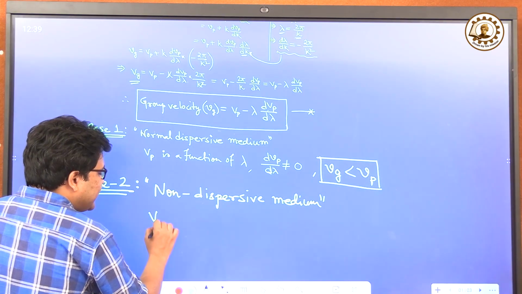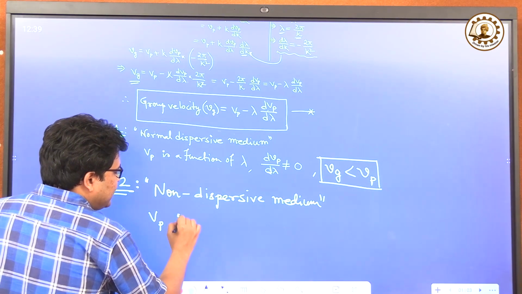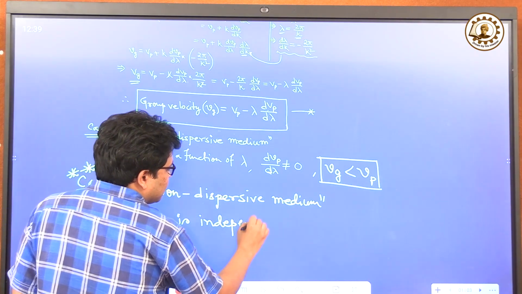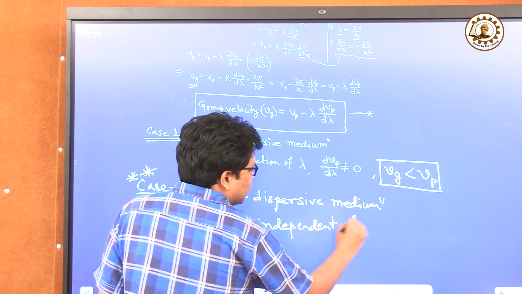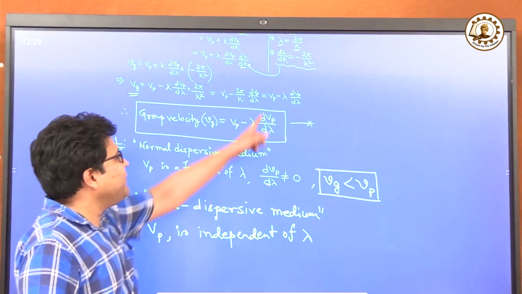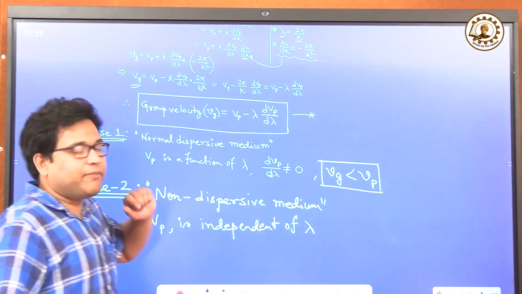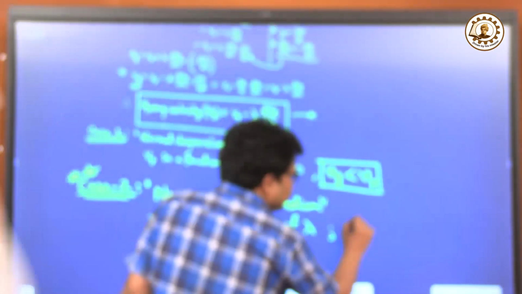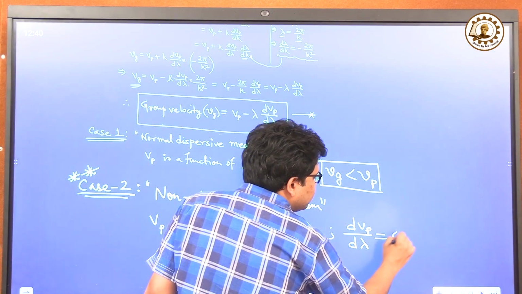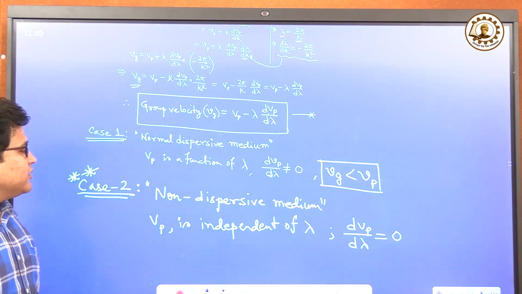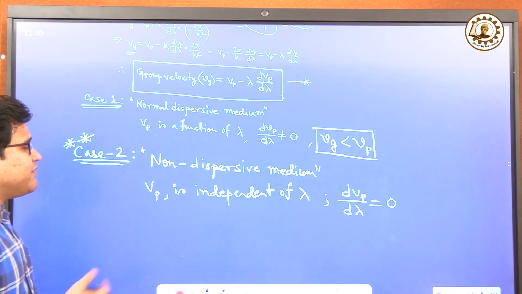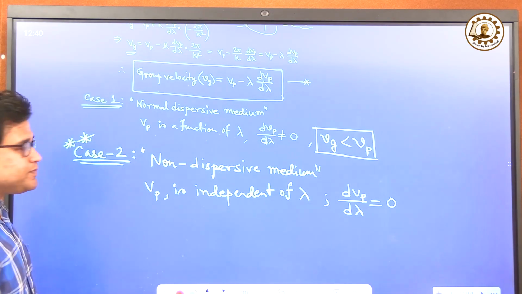So here phase velocity, that means Vp, is independent of lambda. That means Vp is constant with respect to lambda. So for that reason, dVp by d lambda goes to 0, because as phase velocity does not depend on lambda, its differentiation with respect to lambda becomes 0.